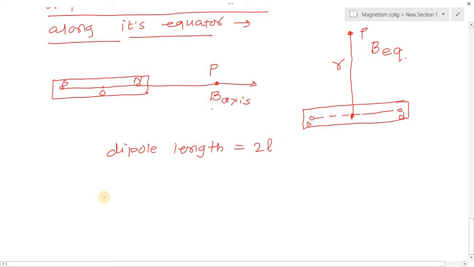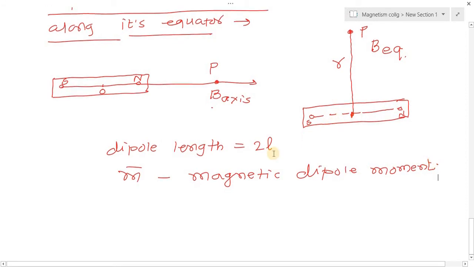Okay, then m bar is the magnetic dipole moment, as shown in figure here. So let's see, if we consider the figure A, this is the figure A, that is for the axial point.